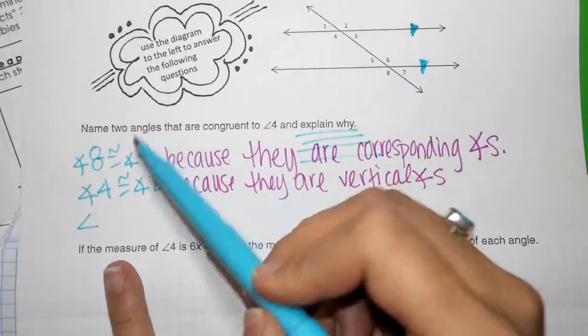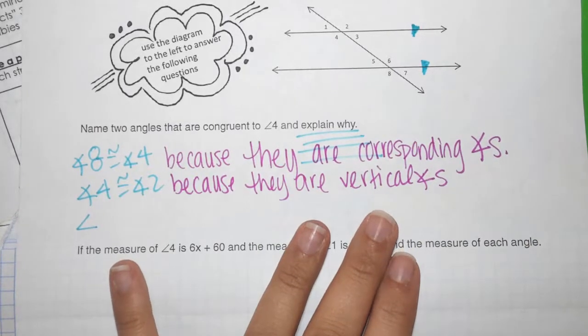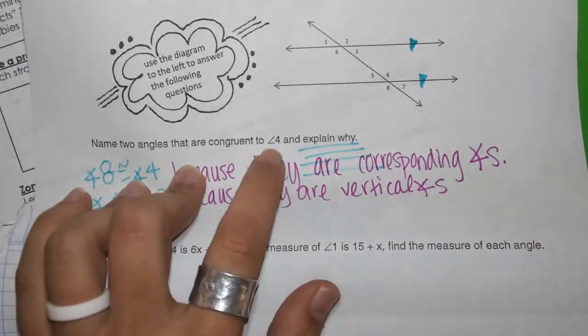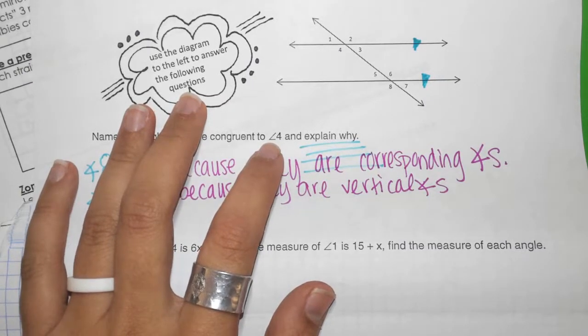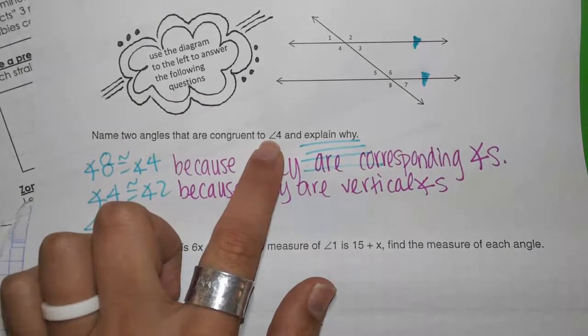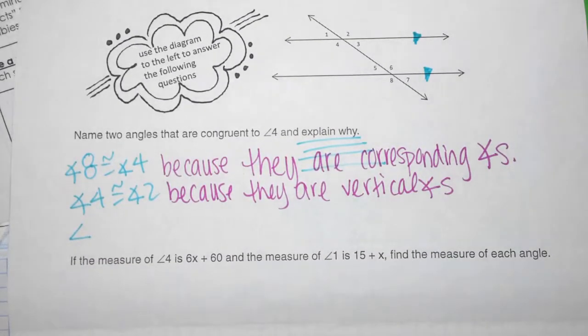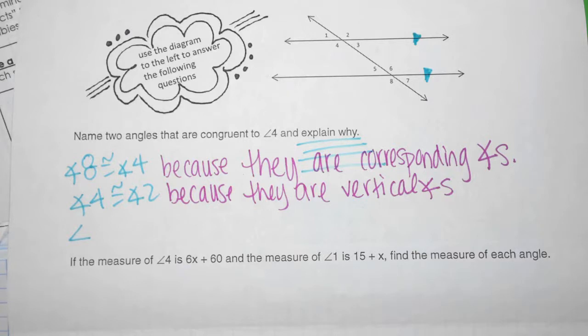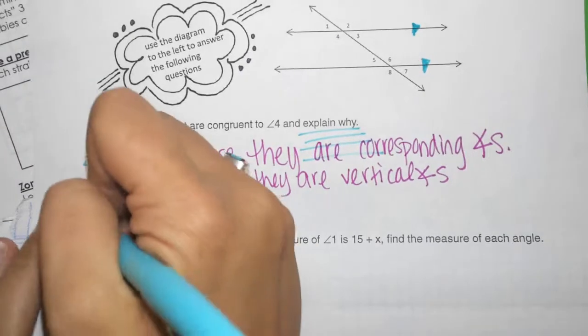No. I want you to tell me an angle that is congruent to angle 4. This is all based on angle 4. Did y'all forget that halfway through this? It's all being congruent to angle 4. That's what the question asked us. No, 4 and 3 are linear. 4 and 6. Why would it be 4 and 6? They are alternate interior angles.